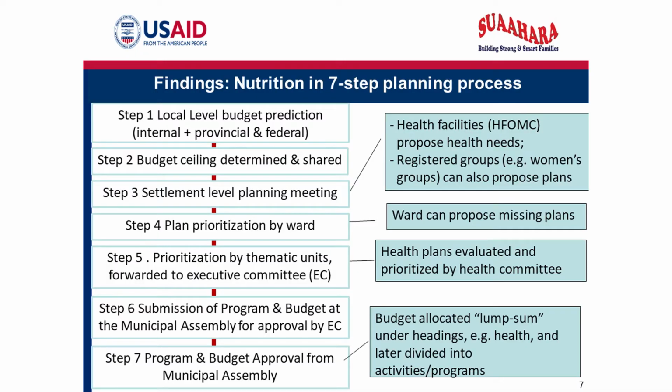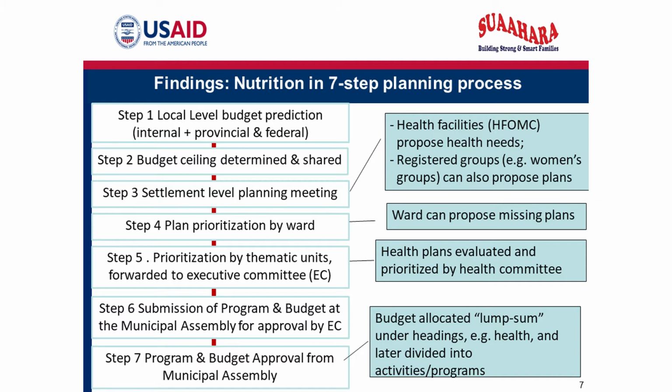These demands are then submitted to the ward, which receives hundreds of demands. So it needs to select and prioritize. But also, if some immediate or needed plans are missing, the wards can also put in plans. Therefore, nutrition plans can also come in through the ward. The ward then lists prioritized plans and submits them to the municipality.